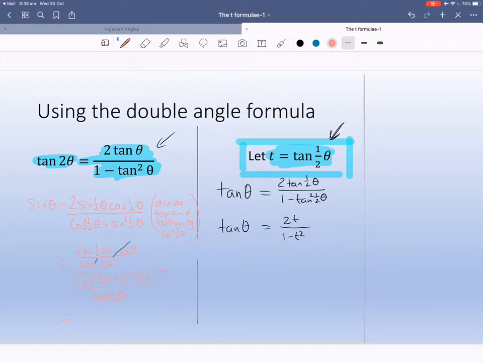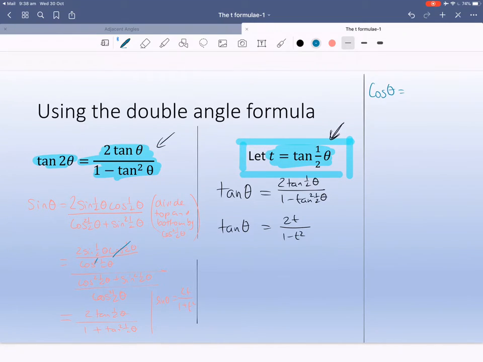That equals 2 tan half theta over 1 plus tan squared half theta. So that means, and I'm just going to write it here, that sine theta equals 2t over 1 plus t squared.